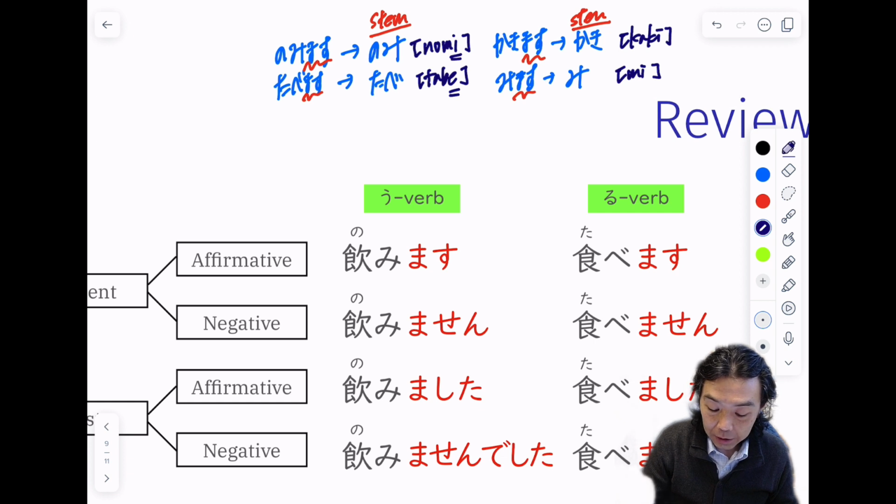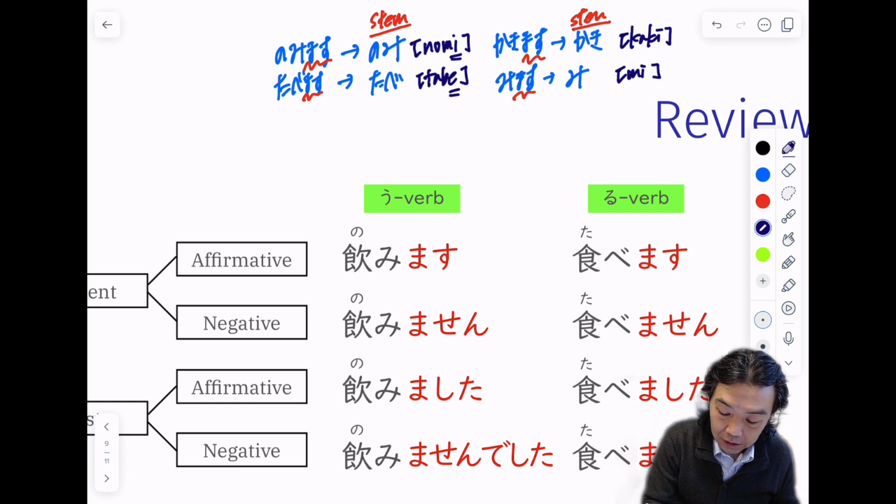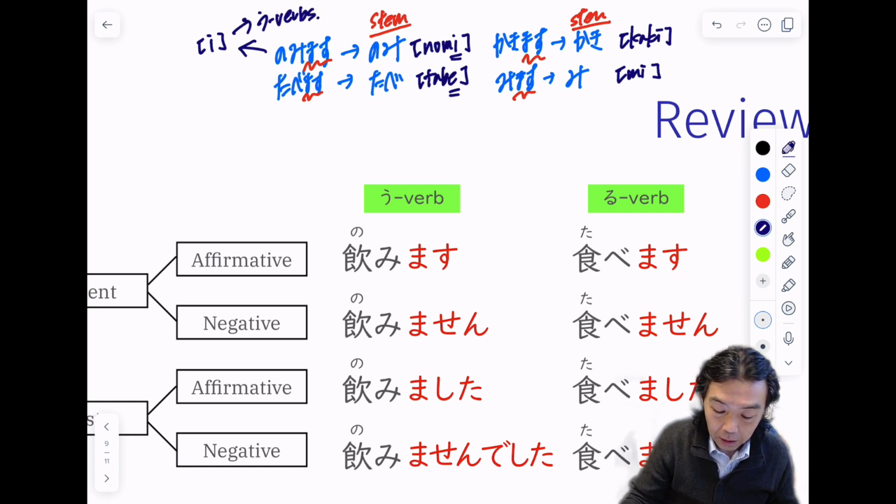Usually verbs such as nomimasu and kakimasu, u verbs, always end with i. So if it's a u verb, the stem always ends with i. If it's a ru verb, they often end with e, but not always.